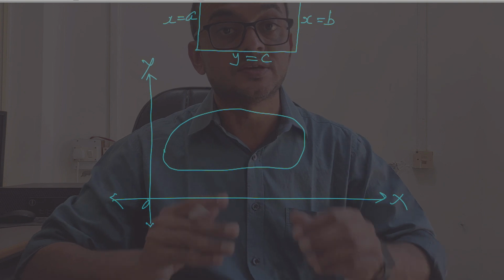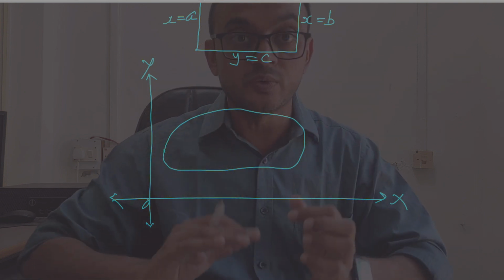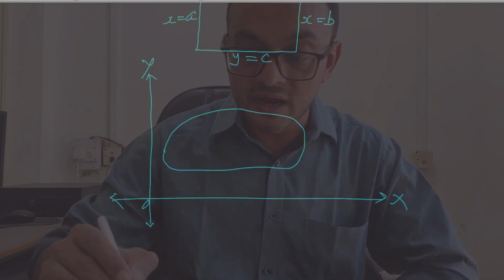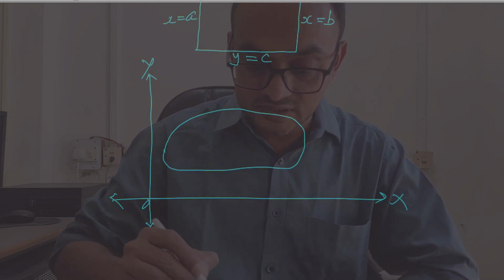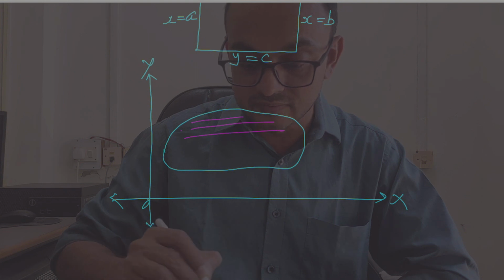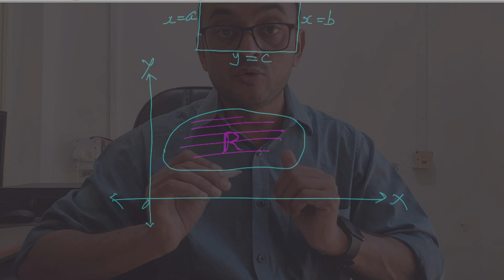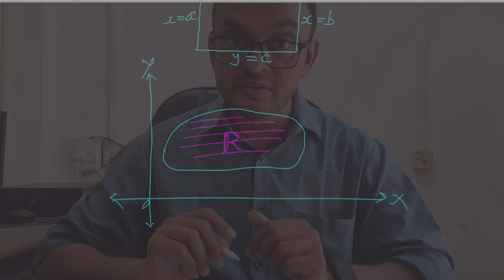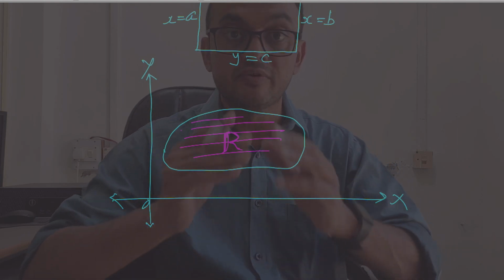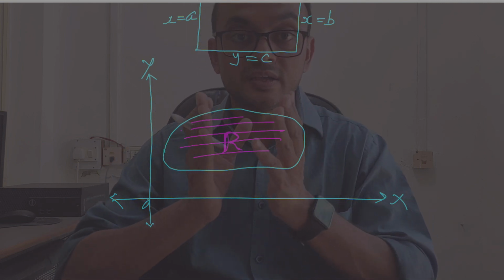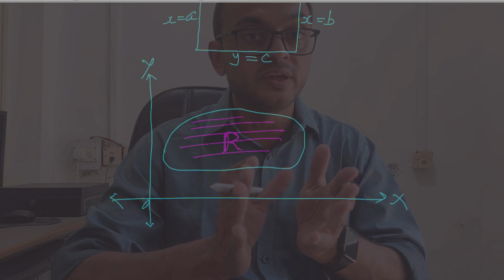Now the question is, suppose you have given the surface z is equal to xy bounded by this particular region R. This is our region R. Then how do we find the volume? So in today's video, we shall discuss whenever we have given any region R, then first how do we write the limits and then how do we integrate.